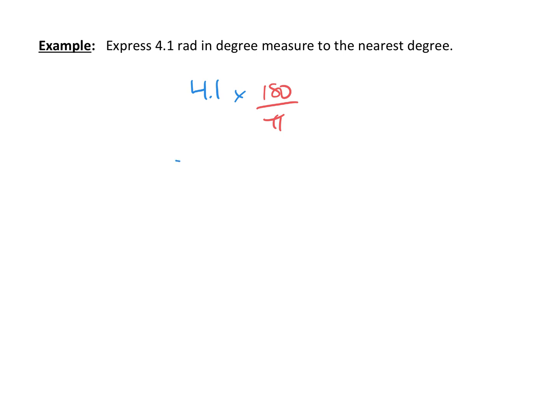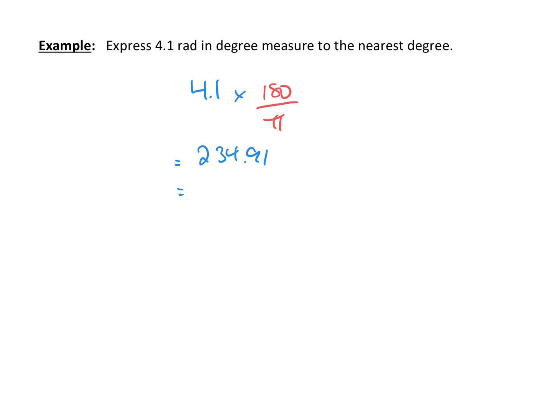We're going to round to the nearest degree. 4.1 times 180 divided by pi gives 234.912696.